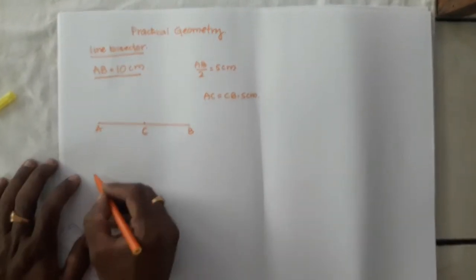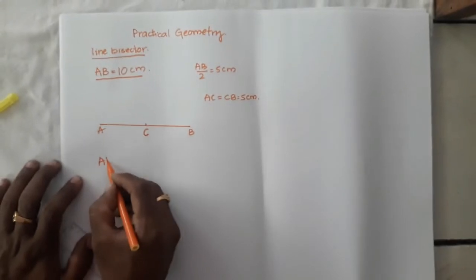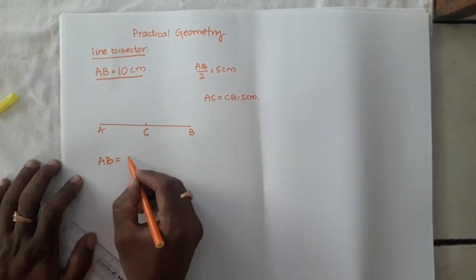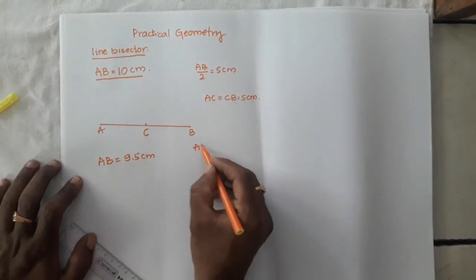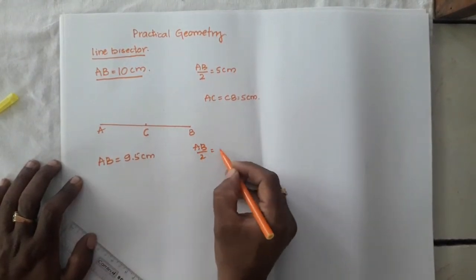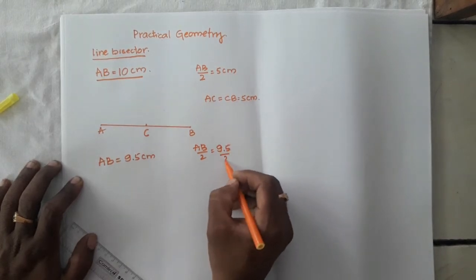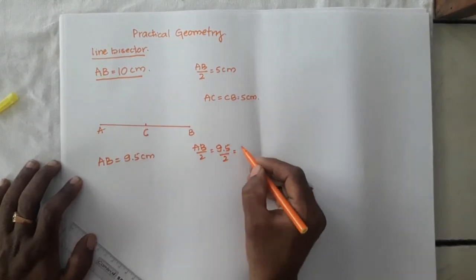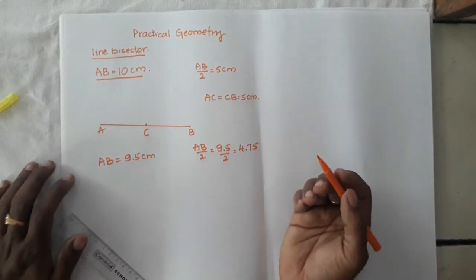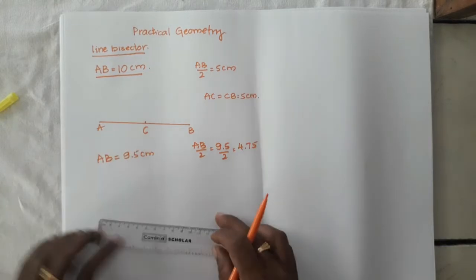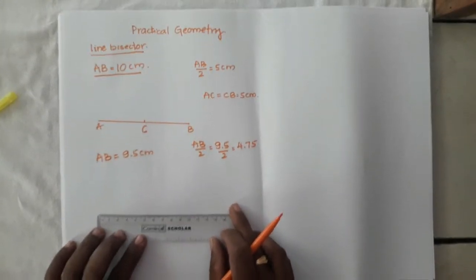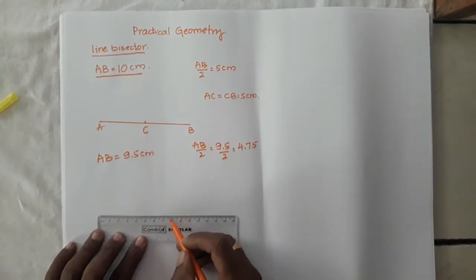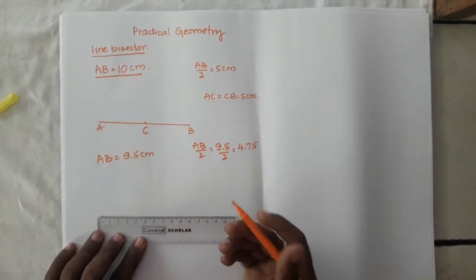Suppose instead of 10 centimeters, the given AB is say 9.5 centimeters. When I do this AB by 2, this will be 9.5 by 2. This will become 4.75. When you take a ruler, you have 4.7 and 4.8, there is no 4.75.